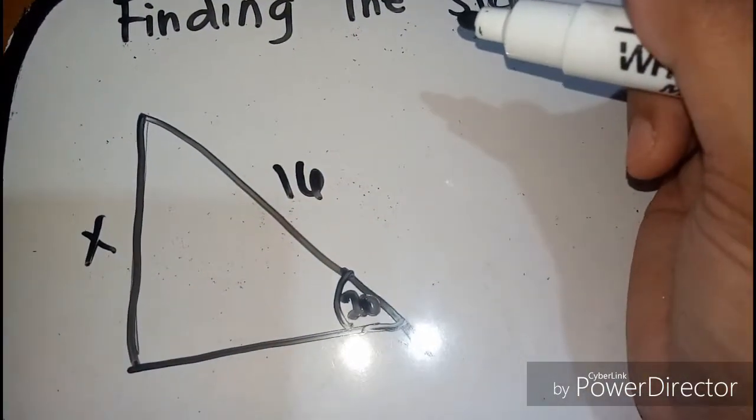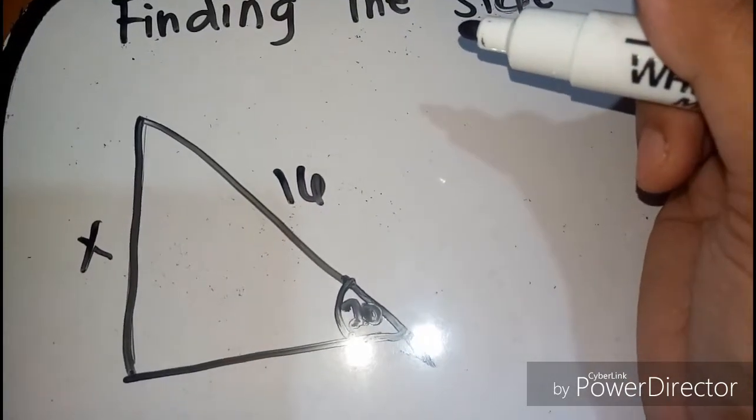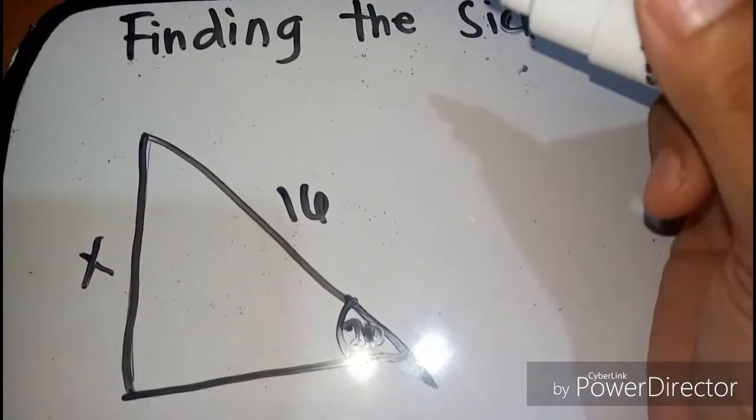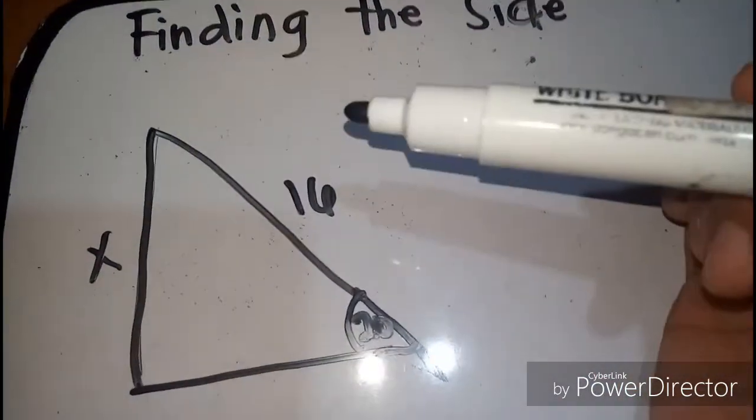First, we need to identify which side is the unknown and which are known.